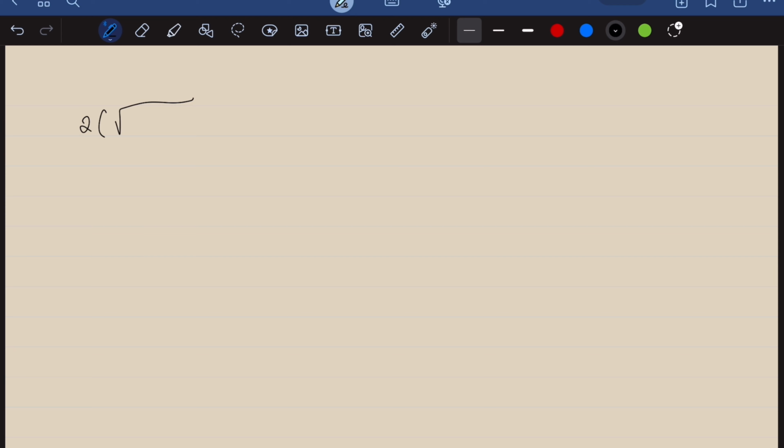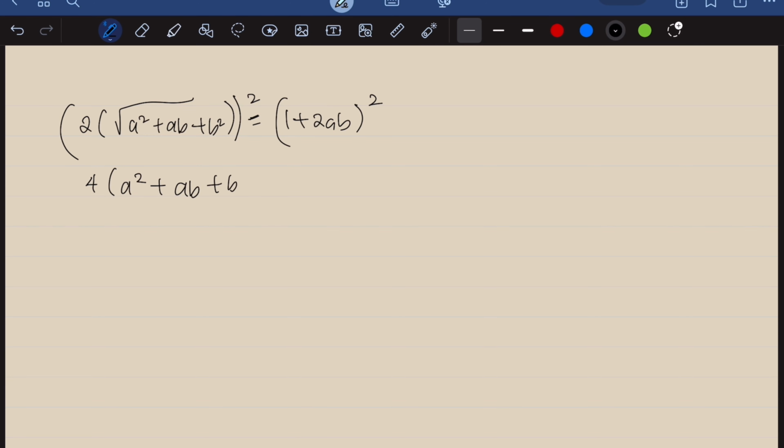So to solve this radical equation, what we will do is square both sides. Square this, square that. So the left side would be 4 times a squared plus ab plus b squared. You only cancelled the square root again. Then the right side would be the square of a binomial.